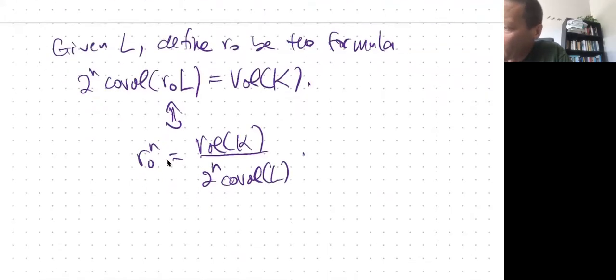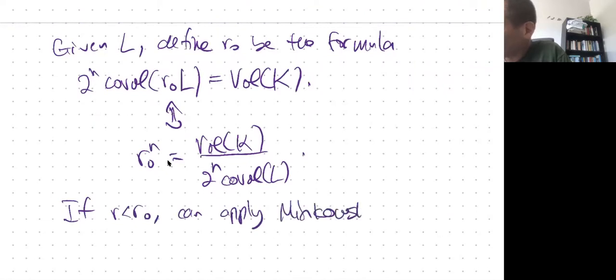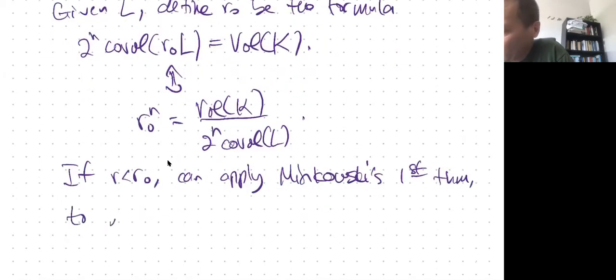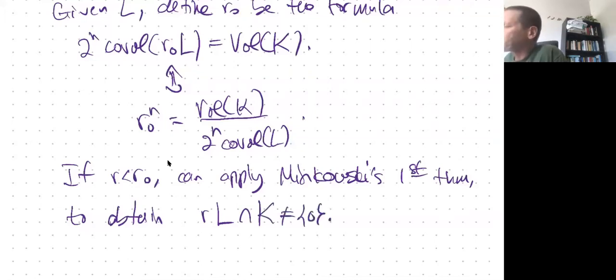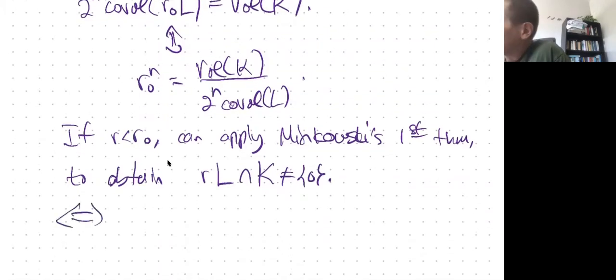And so if R is less than R0, you can apply Minkowski's first theorem to obtain that R times L intersect K contains a non-zero vector, which means that lambda 1 with respect to K of R times L is less than 1, right?